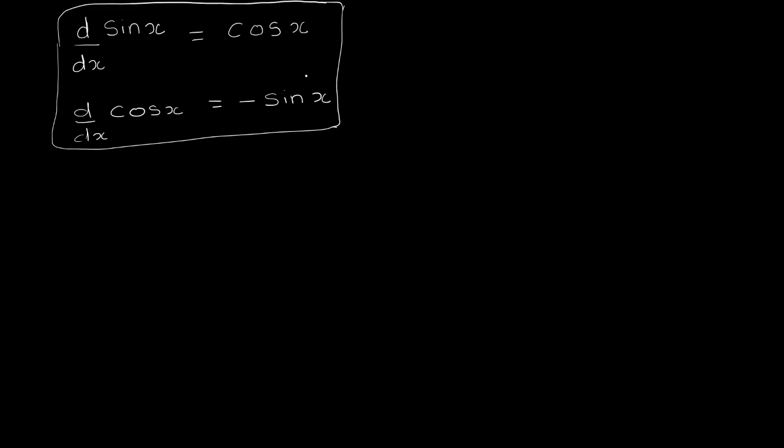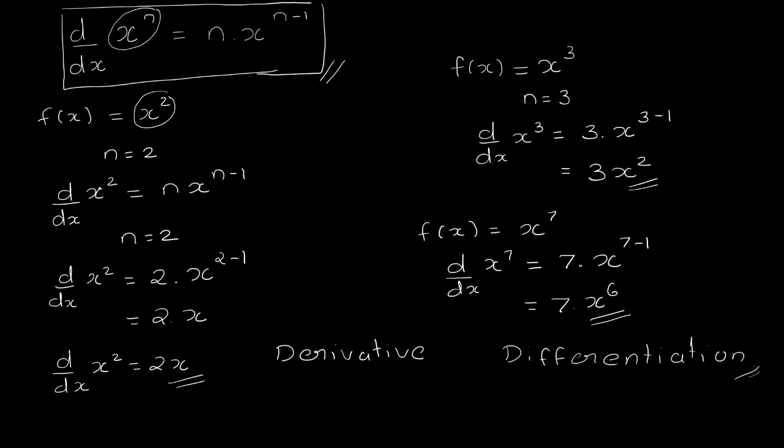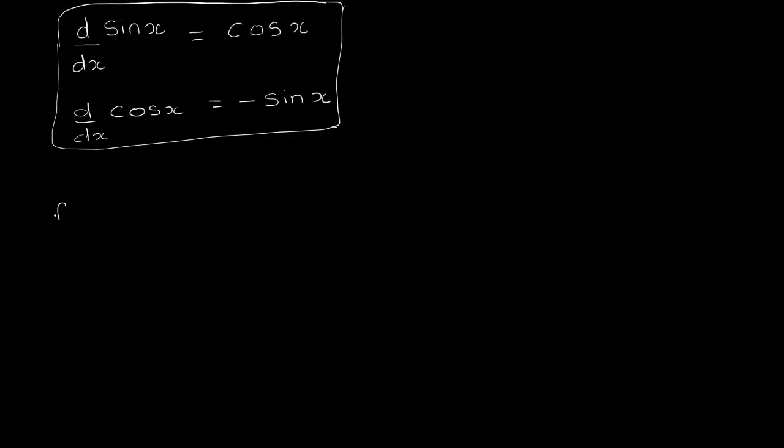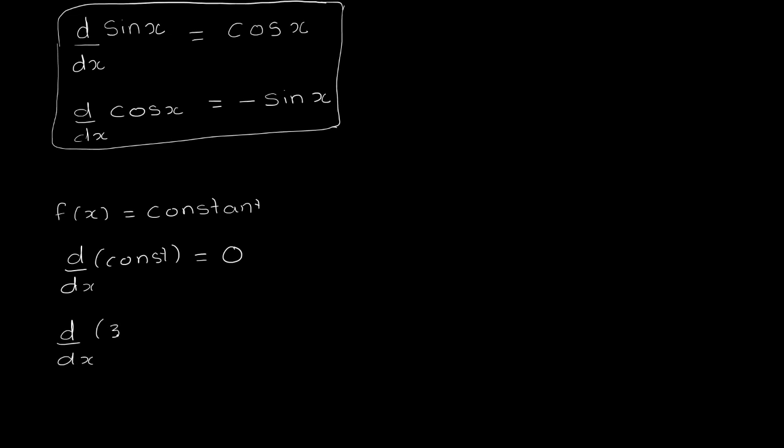Now before that, we can see if any function is a constant. For example, f of x is some constant, then d by dx of any constant is 0, directly a 0. So for example, d by dx of 3, 3 is a constant, it is a 0.